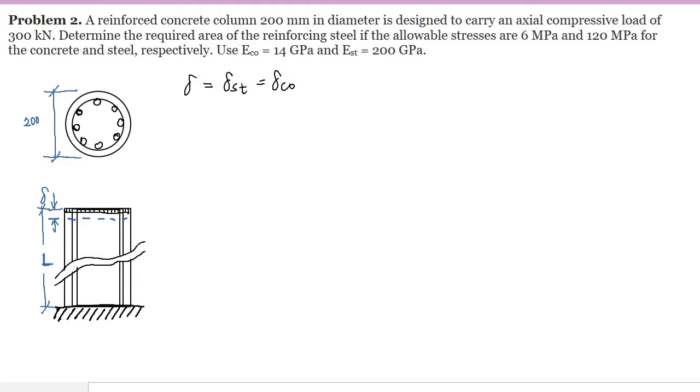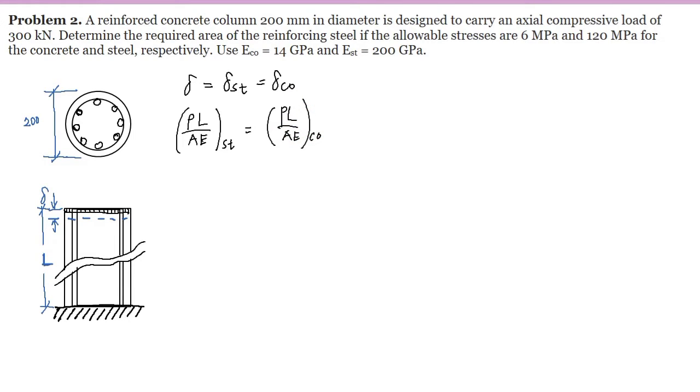So we can say that, since deformation is PL over AE, the PL over AE of the steel is equal to PL over AE of the concrete. Since the value of the length here is the same, that would cancel out.